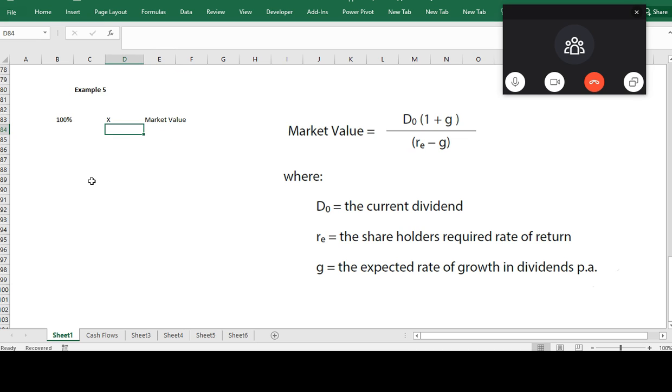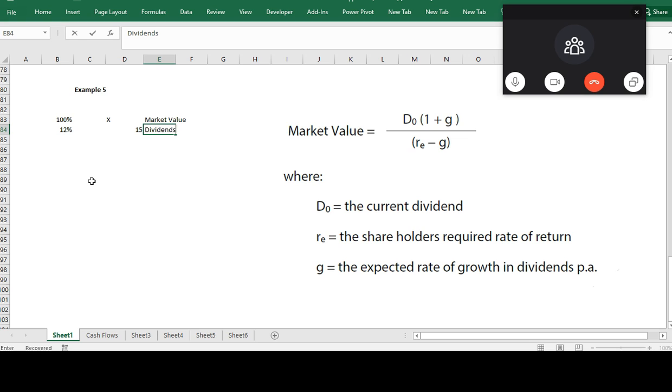But then you are told that your 0.12 or your 12% gives you dividends of how much? Of 15 cents. These are dividends.